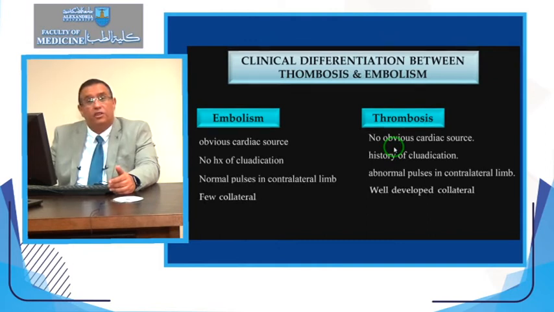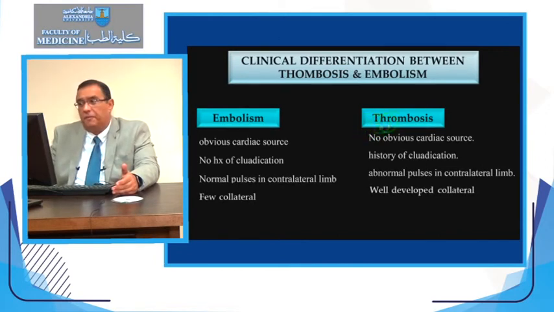Clinically, how can we differentiate between thrombosis and embolism? In embolism, there is usually an obvious cardiac source. The patient has atrial fibrillation, an irregular pulse, and a normal pulse in the other limb. This is very important, except if he presents with bilateral ischemia. In thrombosis, there is no obvious cardiac source.